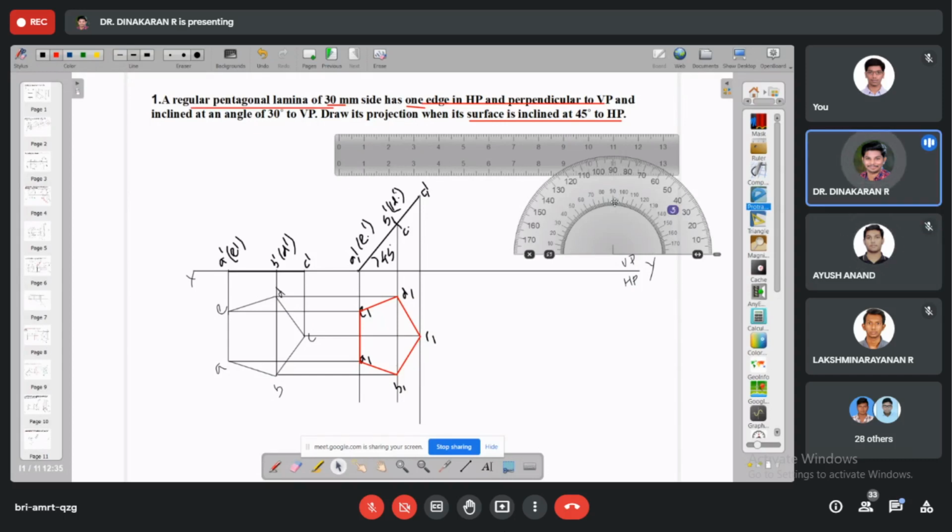And where is it resting? A regular pentagon lamina 30 mm side, one of its edges in HP. So where will they give the surface inclination? Will surface inclination be the third step or normal inclination be the third step?